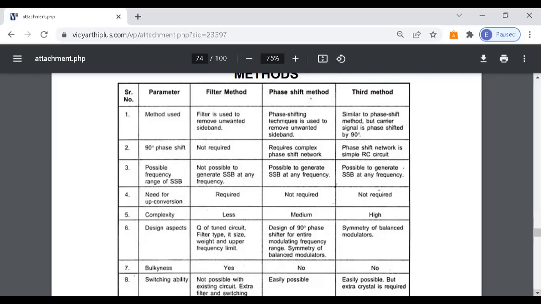If you're going to design a transmission system, which one of the single sideband modulation methods would be most appropriate?